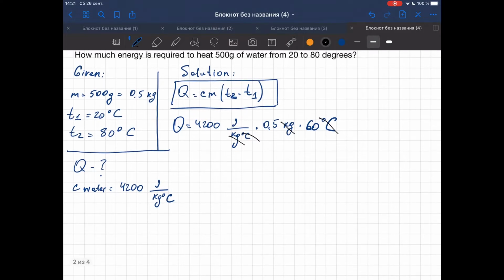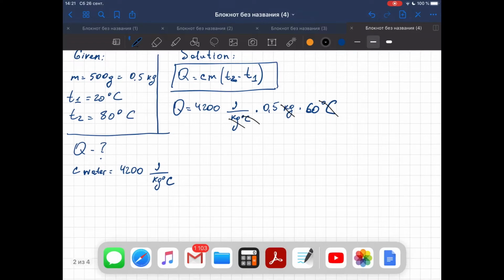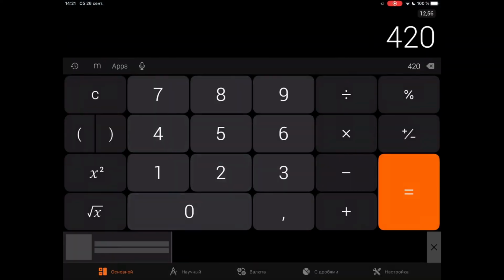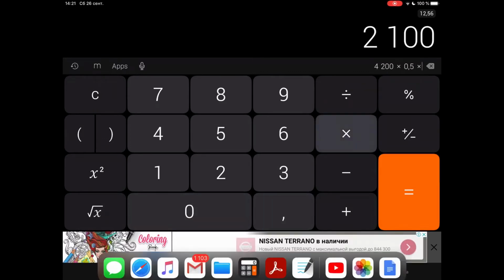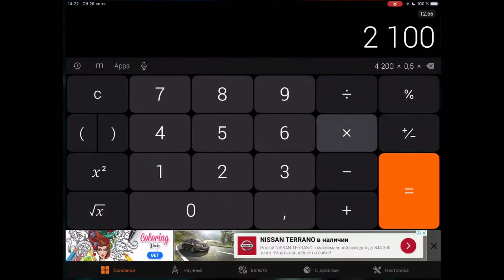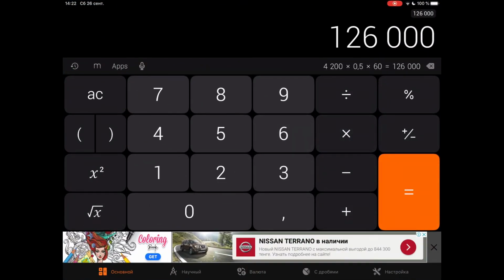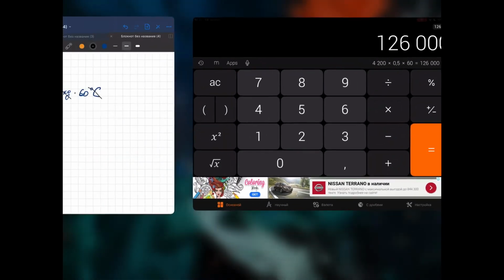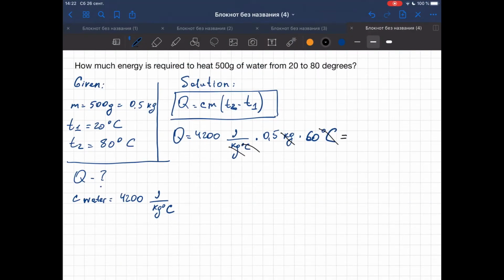And some mathematical calculations: 4200 multiply 0.5 multiply 60, which is equal 126,000. We can write as 126 kilojoules. So the answer is 126 kilojoules.